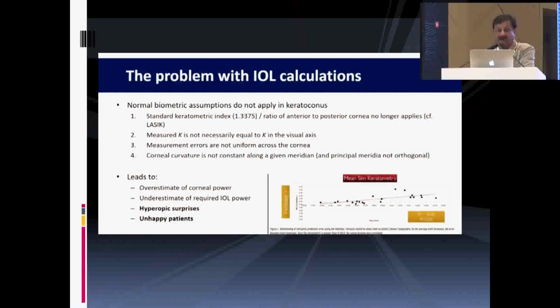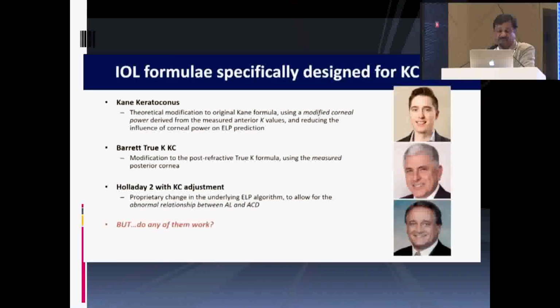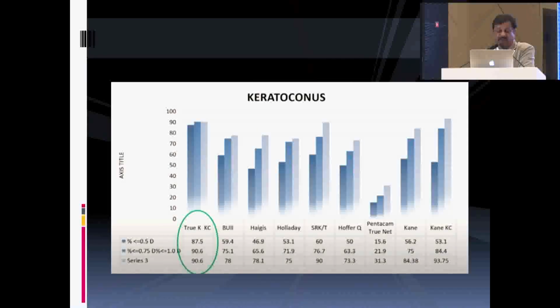So you can have hyperopic as well as myopic surprises with these keratoconic patients. In the literature, SRK/T or the Barrett Universal 2 still work well with keratoconus patients. You also have specifically designed IOL formulas for keratoconus, which really work well. I think Barrett True K keratoconus is one which, as you will see in the next slide, may not be 100%, but yes, close to maybe 80 to 90% works well.